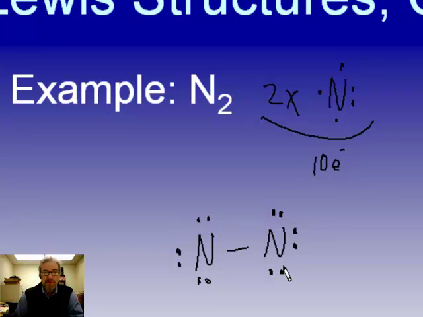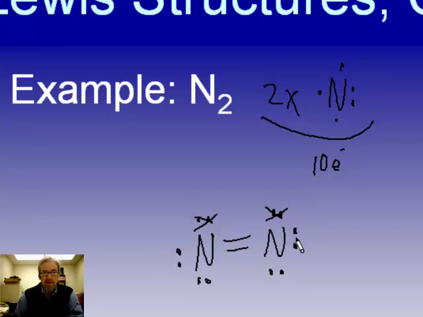Now when we count, we've got 2, 4, 6, 8, 10, 12, 14 electrons, which is too many. So remember what we do is take a lone pair from each of the 2 atoms away and then put in another bond.